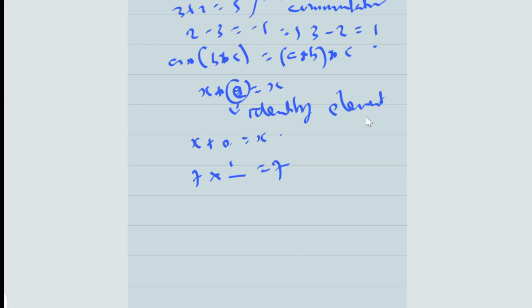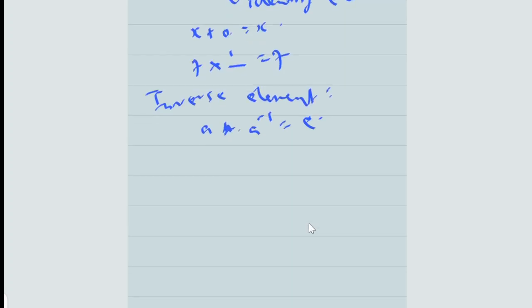Another thing I want you to take note of is the inverse. Although they don't ask it here, an inverse element means what you operate with an element to give you the identity. Now I know that my identity under addition is 0. And don't forget, we only have just one identity element under an operator, under addition for example, if it exists.